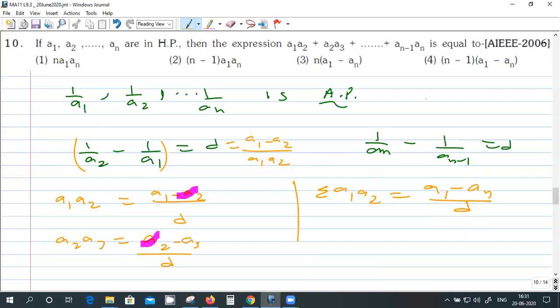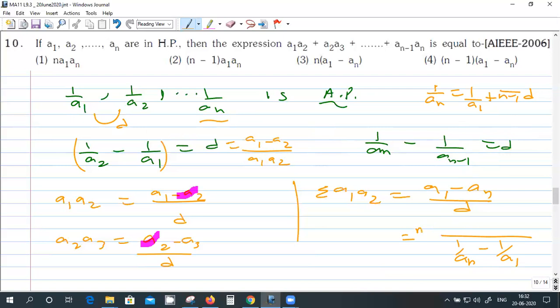See, this is an AP, right? So the nth term of the AP is the first term plus n minus 1 into D. The D is the difference between these two, so I can eliminate D. So D is 1 by AN minus 1 by A1, whole thing divided by n minus 1.